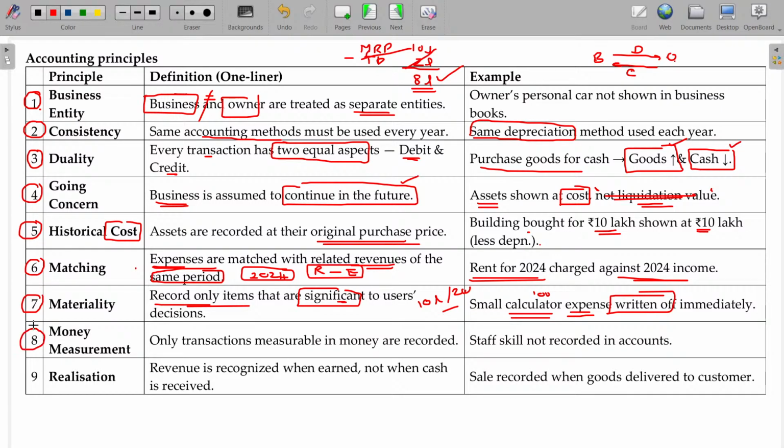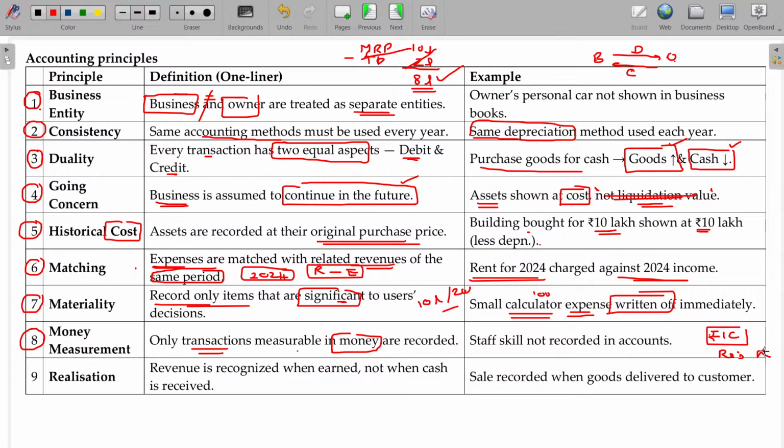Money measurement concept. Transactions measurable in money only are recorded. For example, if you are purchasing an asset for rupees 1 crore, then it may be recorded, but the registration involving no real cash flow will not be recorded.